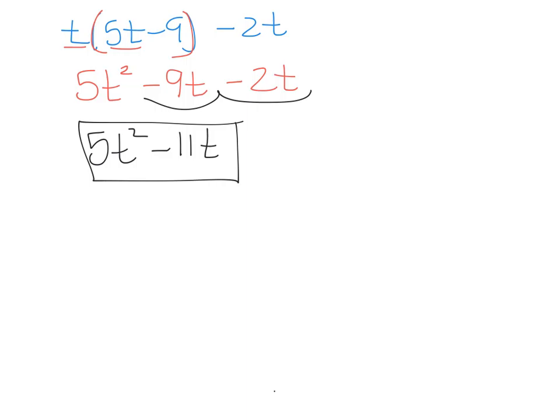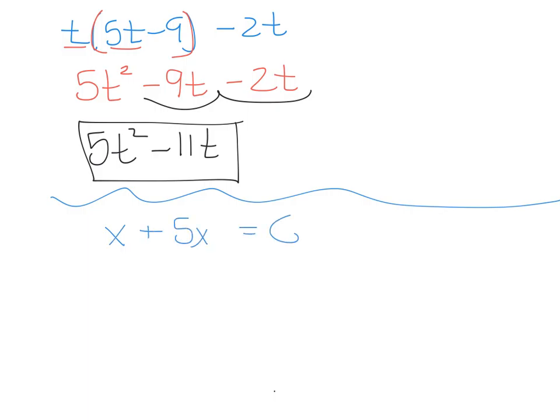So what you want to be careful at this point is that you're not mixing up adding and subtracting with multiplying. So if you had x plus 5x, that would be 6x. But x times 5x is 5x squared.